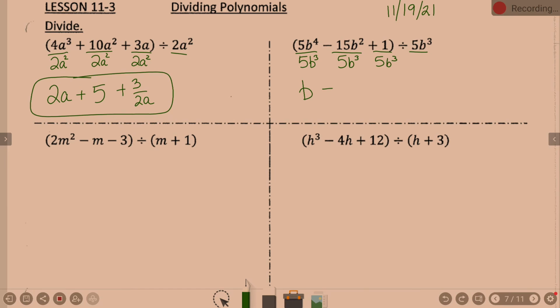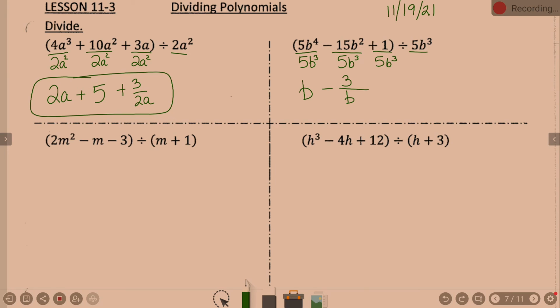We can cancel 2 b's. Where's the leftover b at? At the bottom. So I'm going to put the 3 on top, and then I'm going to put the b on bottom. You could have 3 over 1b, but the 1 is unnecessary. So I'm just going to put 3 over b.